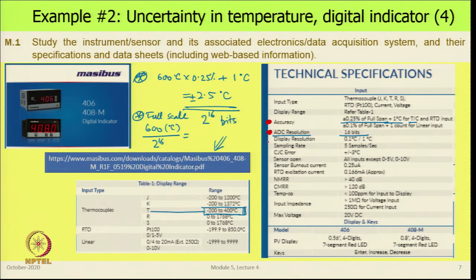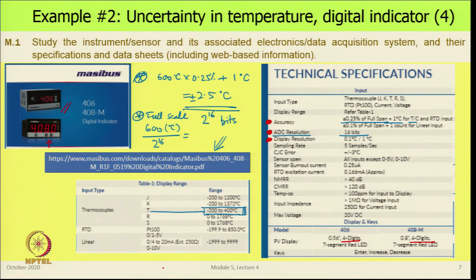It says display resolution 0.1 degree Celsius / 1 degree Celsius. So, depending on where we are measuring the temperature, what we see here is got 4 digits on the display, they have shown here. So, as you can see in this picture, the decimal is over here, in which case we are looking at display resolution of 0.1 degree Celsius, whereas here we are looking at a display resolution of 1 degree Celsius.